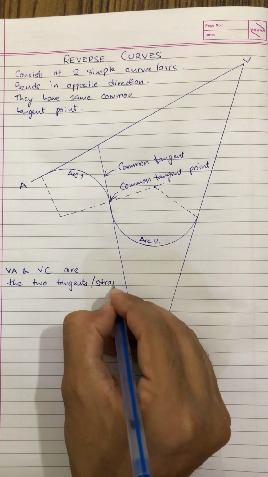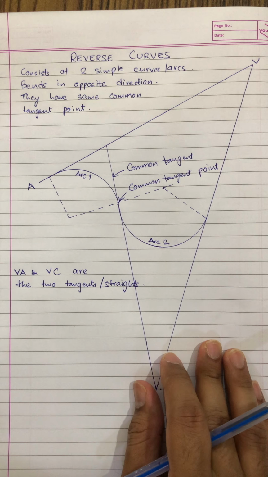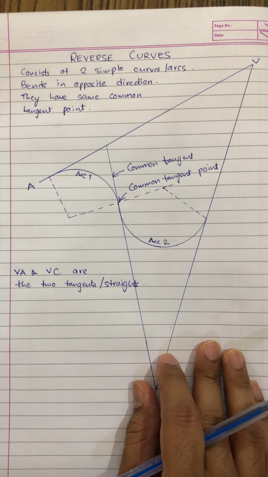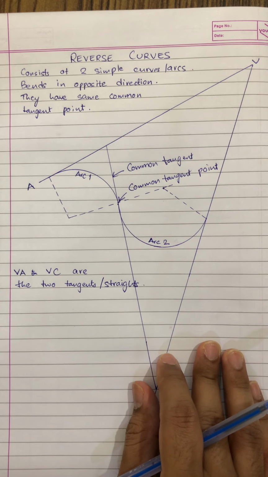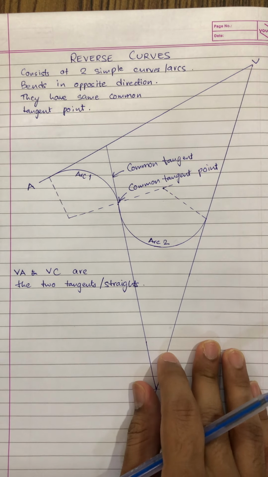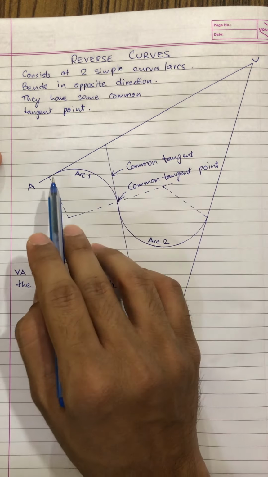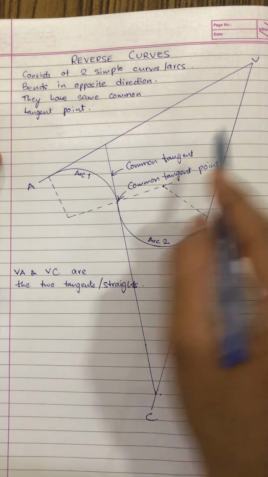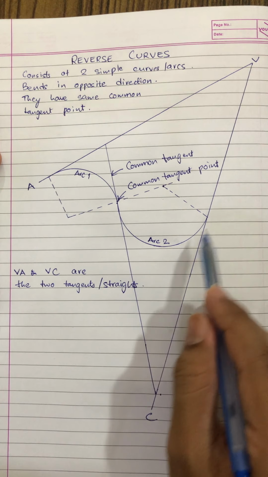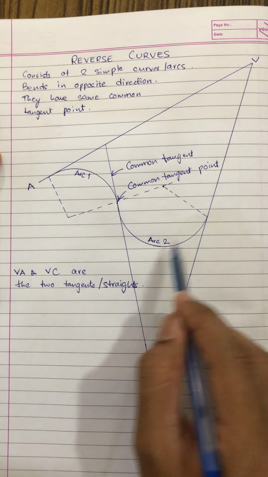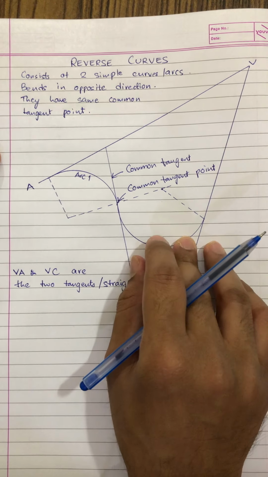They are also called as straights. Now here VA is tangent to this arc 1 and VC is tangent to this arc 2.